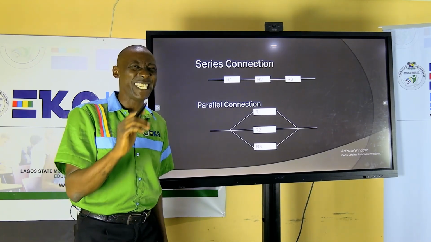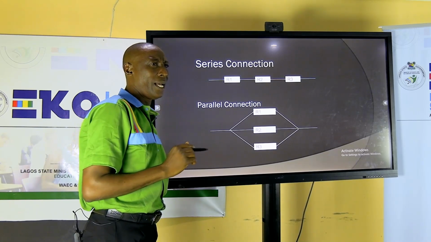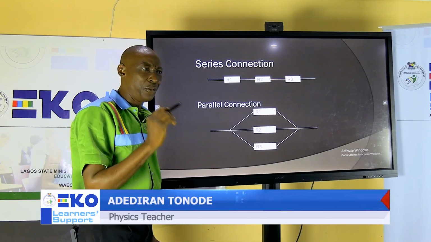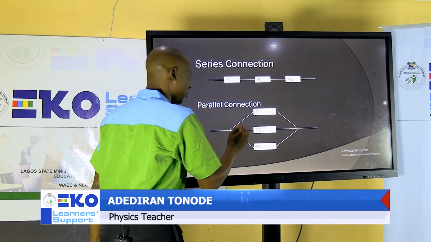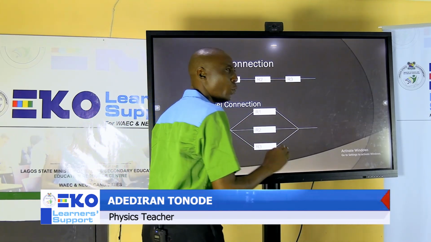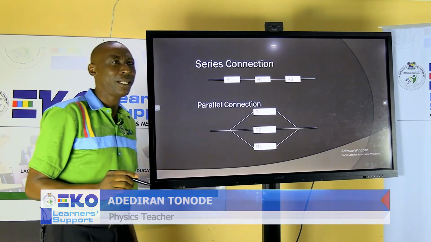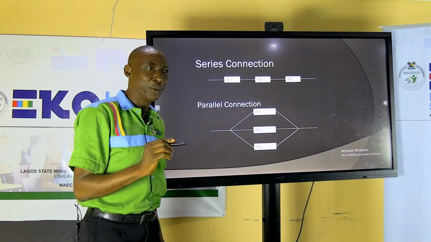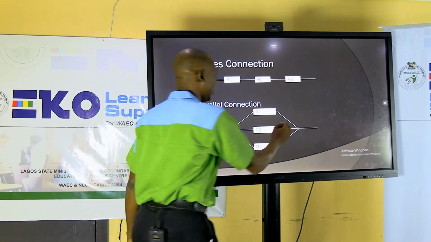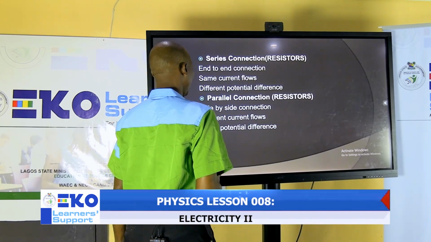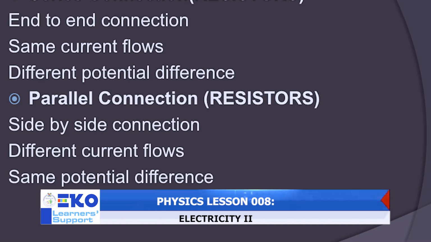Reason, because they are connected in parallel. However, they have different currents flowing through them. So we have established the fact that when resistors are connected in parallel, they possess the same potential difference but different currents. Also, they are connected side by side.